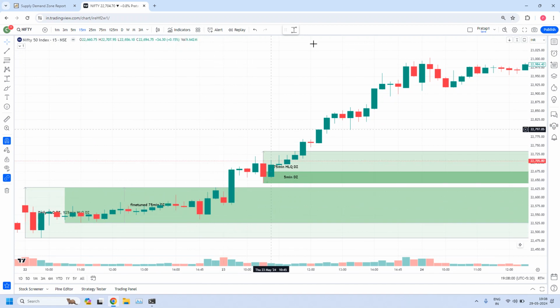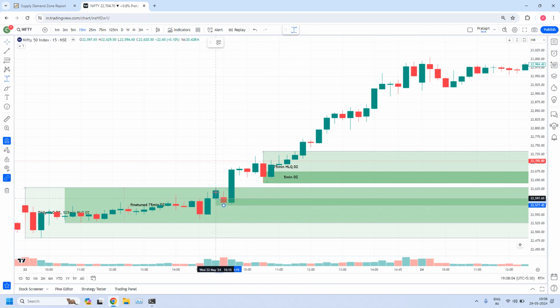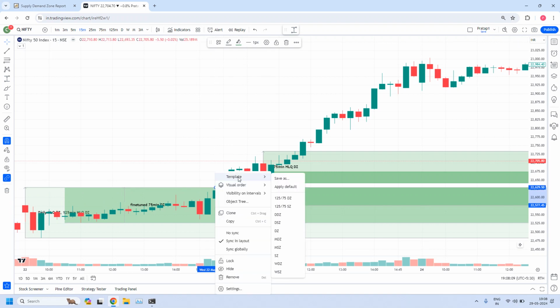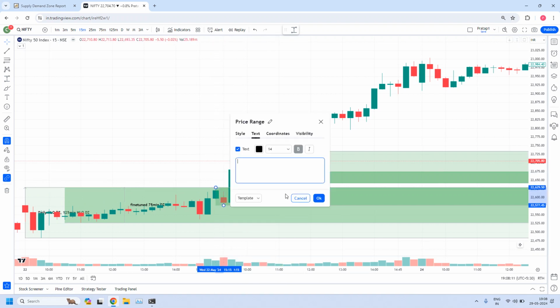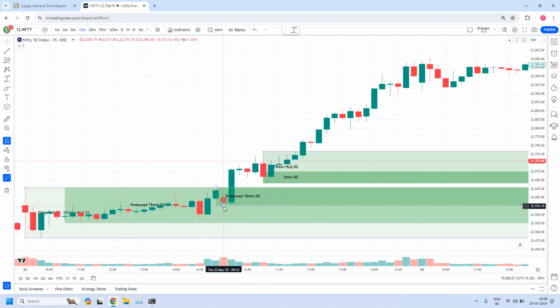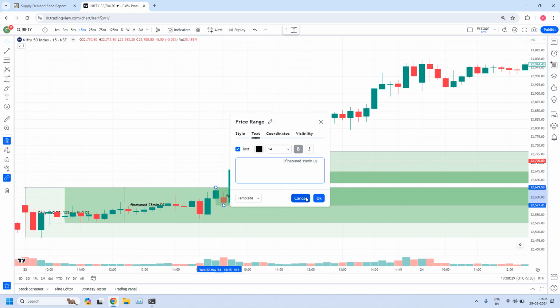Rally, 2 base candles and a rally. This is the fine-tuned 15-minute zone. Hope you are understanding how we are fine-tuning the zone.